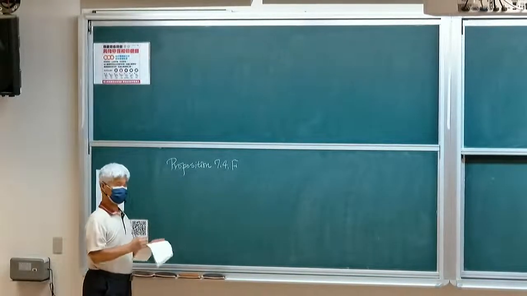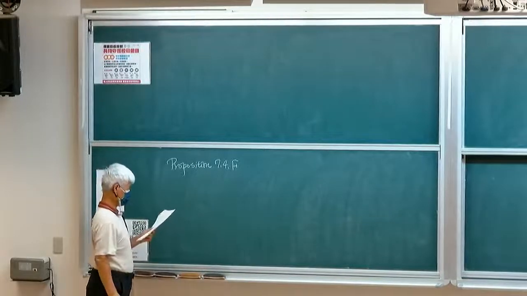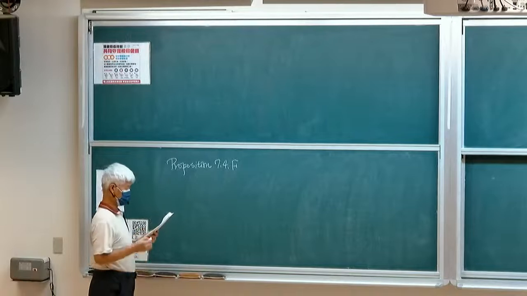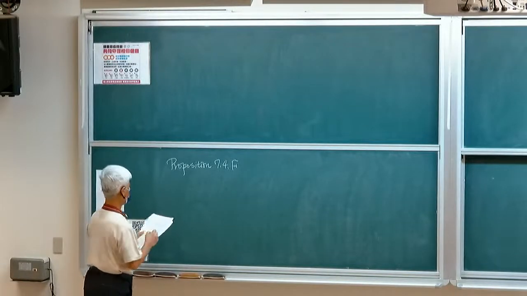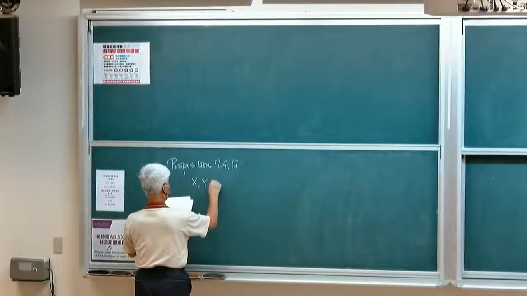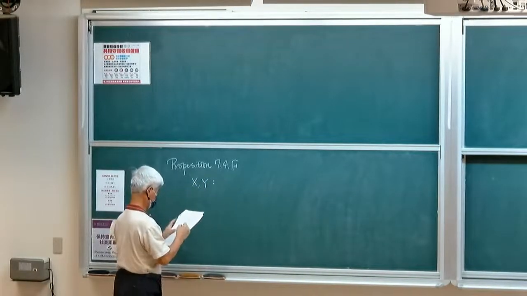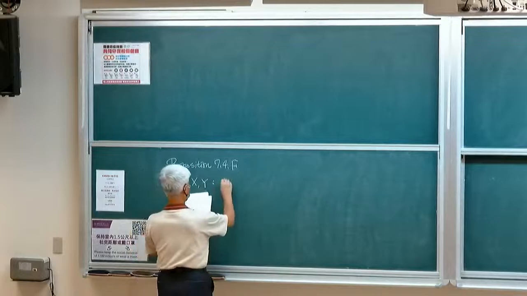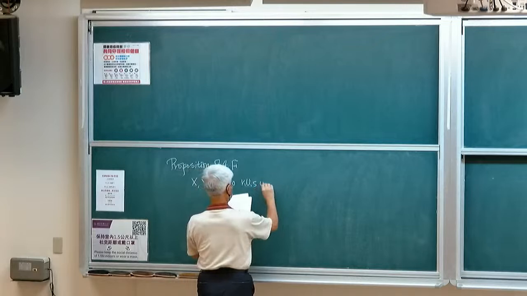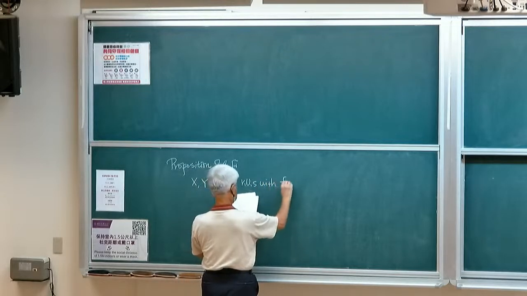So we'll continue to discuss the covariance and the variance. For this proposition, we assume X and Y are two random variables with finite second moment.